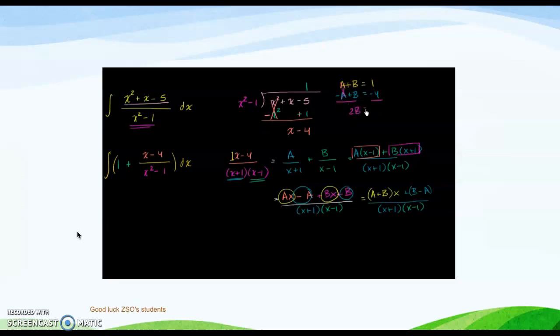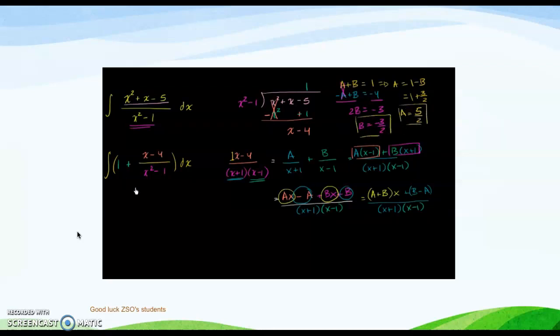We would get 2B is equal to negative 3, or B is equal to negative 3 halves. And then we know that A is equal to 1 minus B, which would be 1 plus 3 halves, since B is negative 3 halves, which is equal to 5 halves. A is equal to 5 halves, B is equal to negative 3 halves.